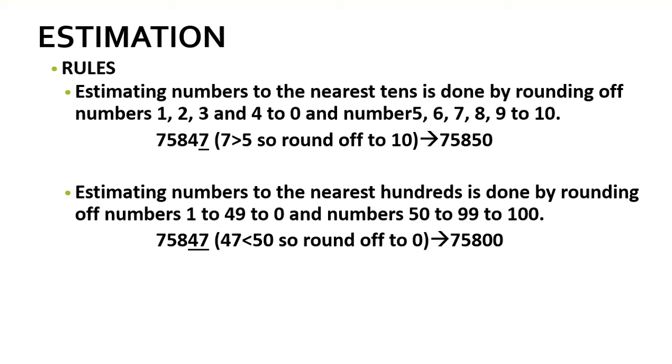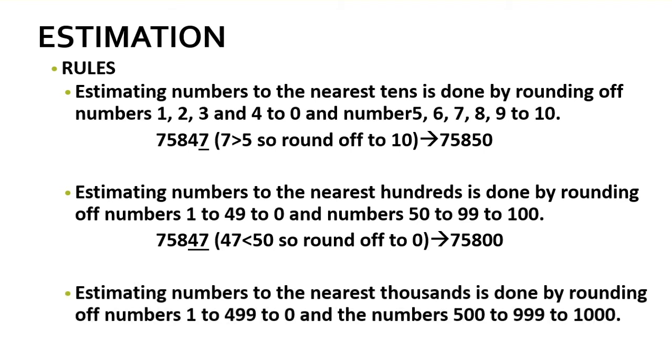The same thing we have to apply in the coming steps also, because we have to see how many zeros are there in the place to which we have to round off. If it is 10, only one 0, so we see only one digit from the right end. In 100, we have two zeros, so we have to see two digits. So what about thousands? It has three zeros.